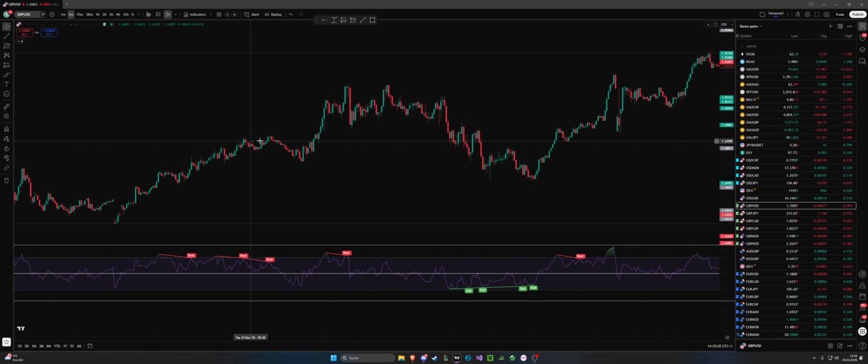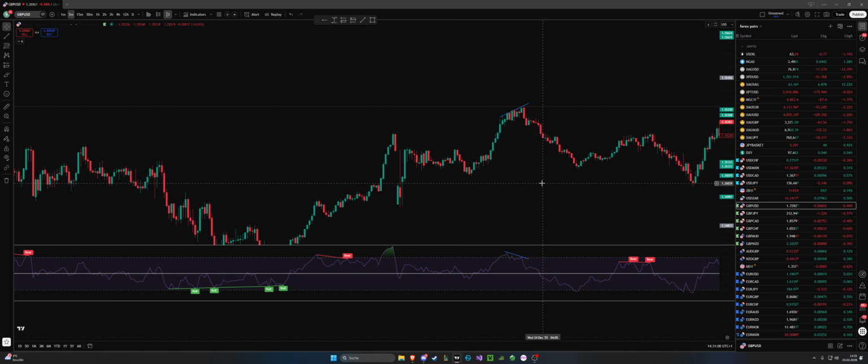It basically comes down to a divergence between the indicator and the price. If price is making higher highs, but the RSI at the same time is making lower highs, that's what we call a divergence. Price and the indicator are diverging.